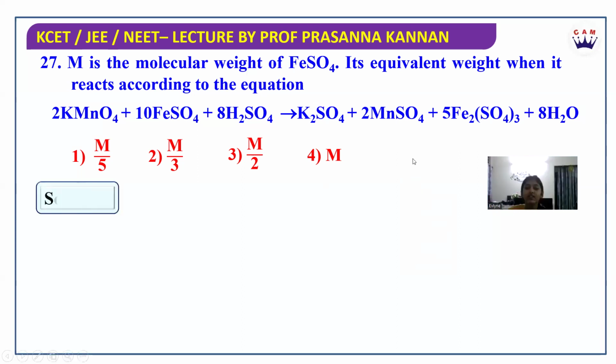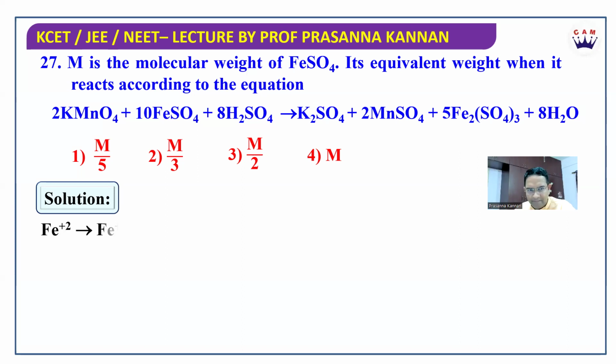Sir, I have a question. Even manganese is a d-block element, so why are we not considering that, sir? Here, manganese is getting reduced. See, the question is, they have only asked you the equivalent weight of ferrous sulfate. That's the reason we have not considered it. So we should just see the change in oxidation state of ferrous sulfate in this question. Only that. As you rightly said, manganese has also undergone a change in oxidation state.